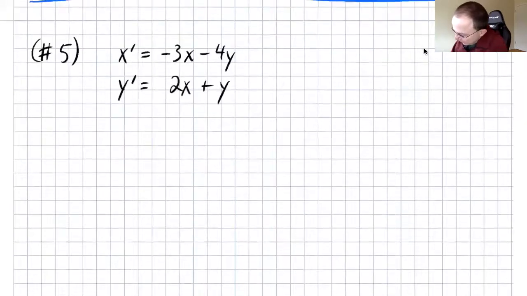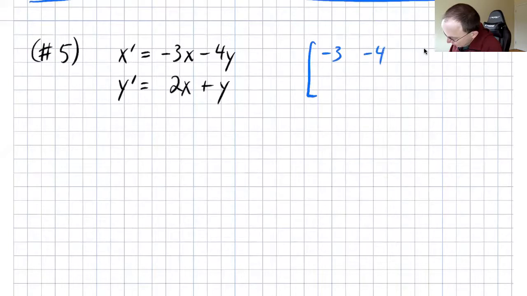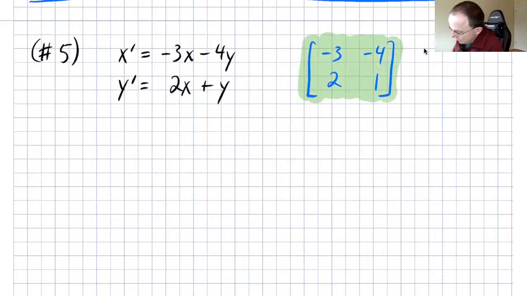Okay, so again here, if you wanted, you could actually compute the eigenvalues and eigenvectors for this matrix. This turns out to be a little bit more complicated than the first example, because the eigenvalues and eigenvectors of this matrix are complex numbers.